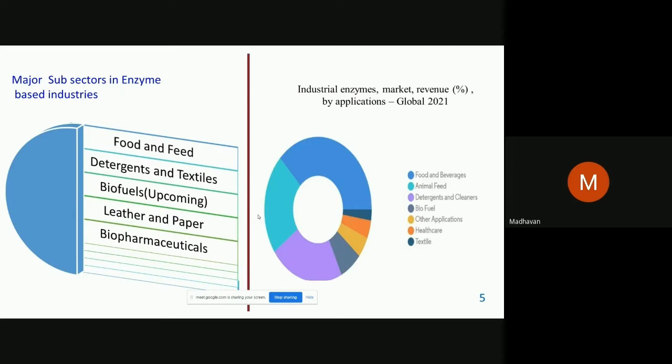So it is very obvious that in the food and feed or food and beverages area, enzyme applications are very high, and the revenue generated is also very high.